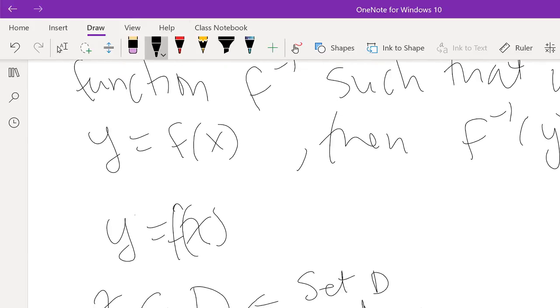And y, which is equal to f of x, is an element of some set R, and the set R is the range.